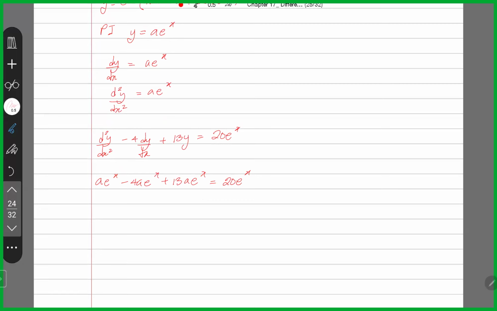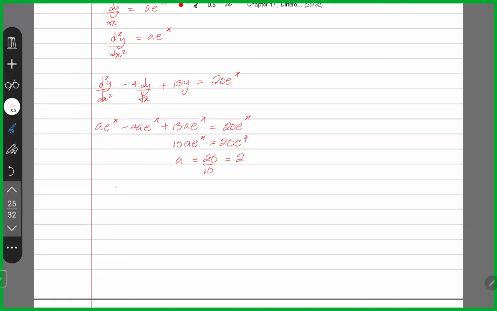So next what we have here is 10 a e to the x is equal to 20 e to the x. And so a would be equal to 20 over 10. A is 2.